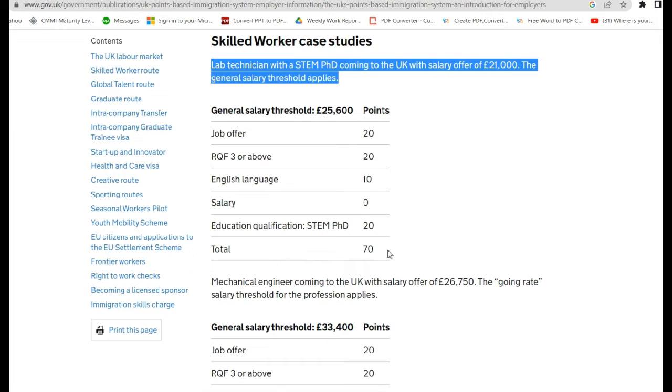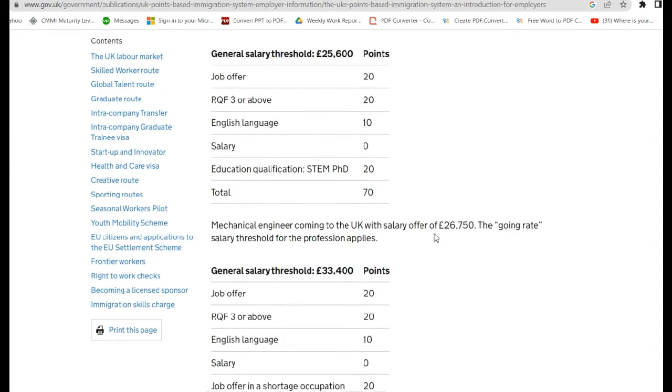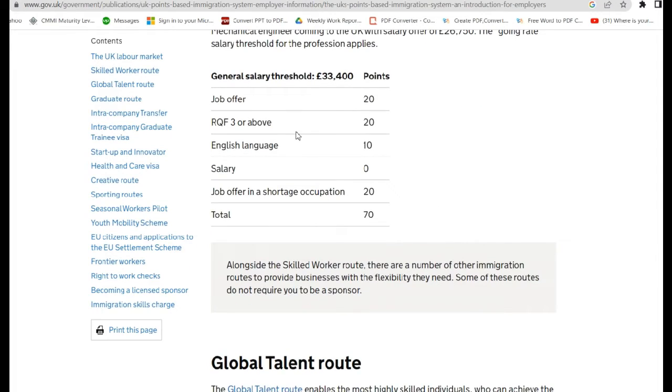The total points this person is scoring is 70. Then there is another example of a general category mechanical engineer, and the overall points scored is also 70. So that's pretty much the example here.